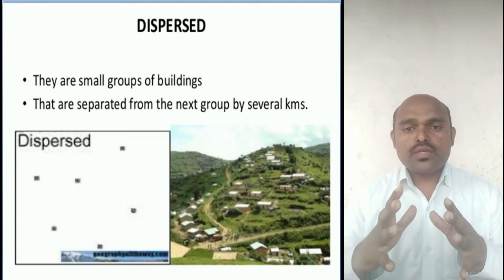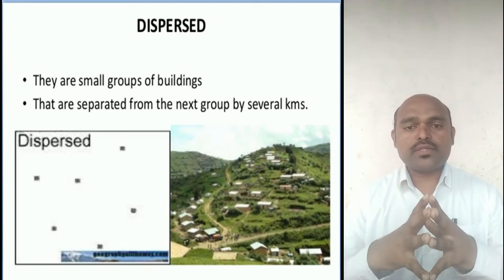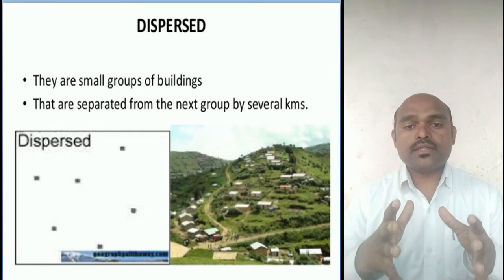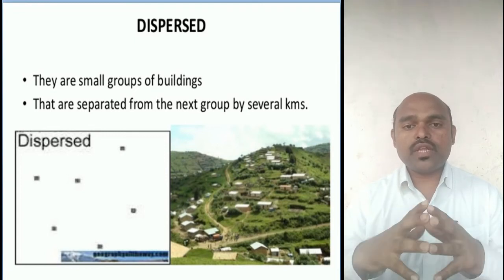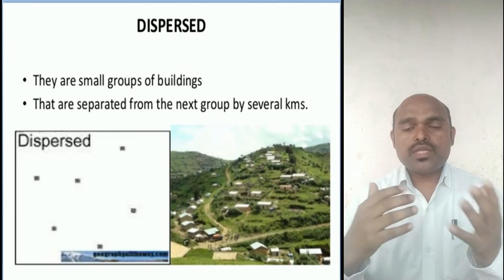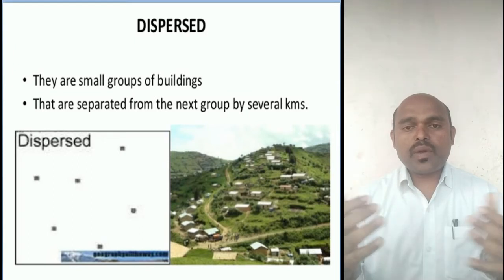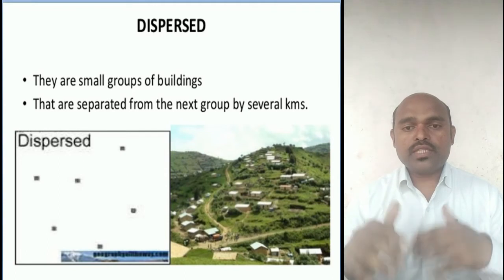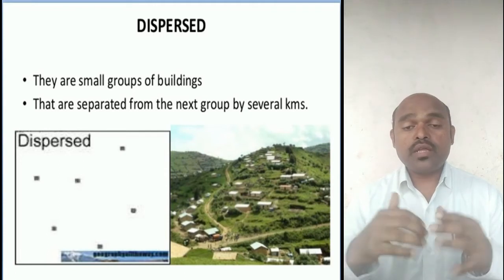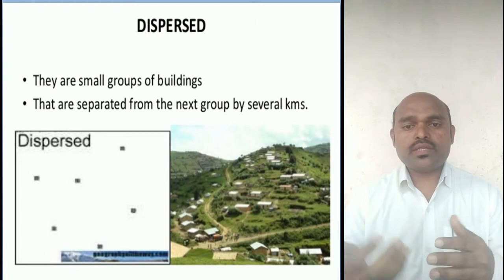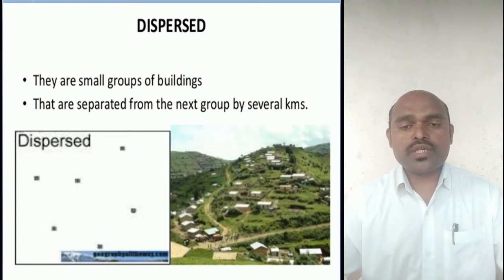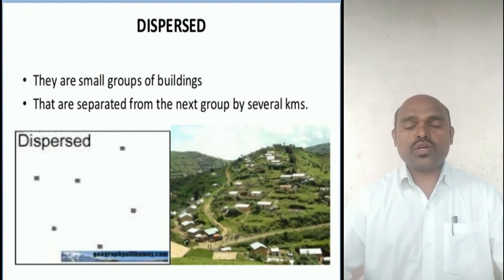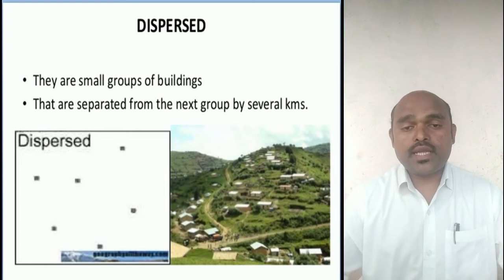So my dear students, this dispersed type of settlement pattern and the nucleated settlement pattern we find in our India. This type of pattern you will see around you also. In the villages of India, earlier, nowadays the villages are becoming crowded because the population is increasing, and the houses have been increasing over many years.